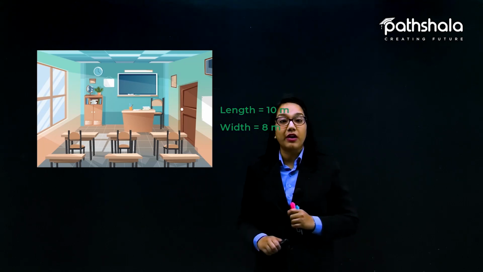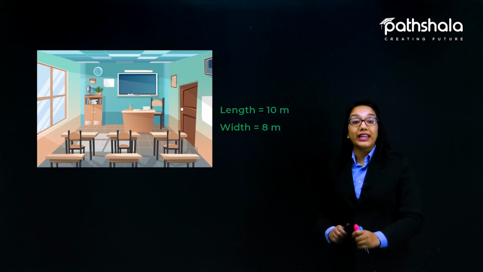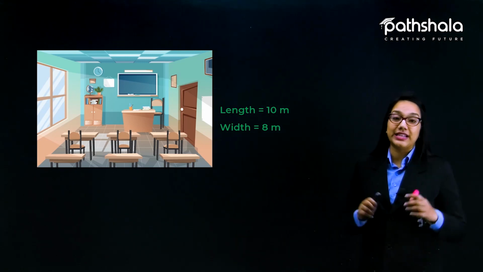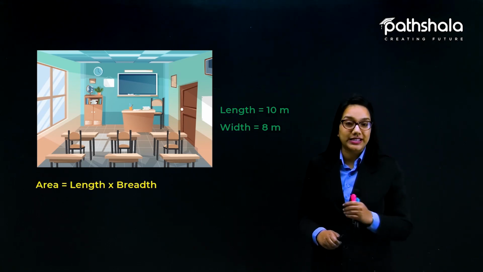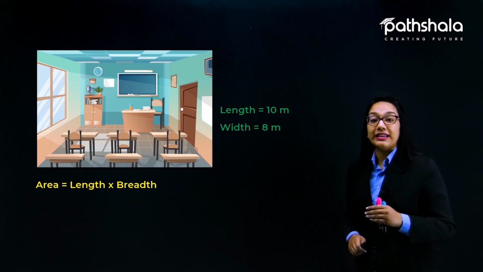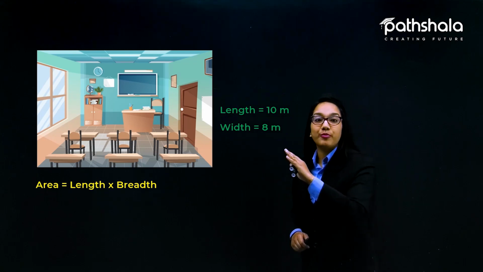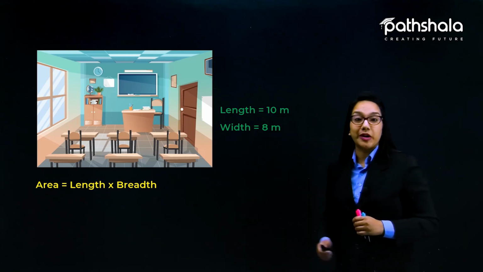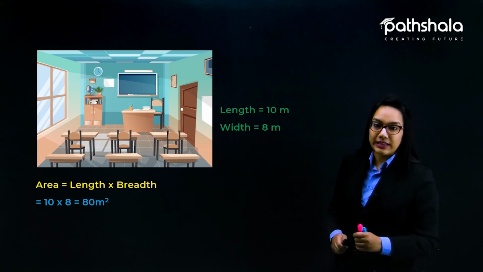So let's start finding the area of this rectangular floor. First of all, we know that the area of a rectangle is equal to length into breadth. Let's substitute the length as 10 meters and the breadth as 8 meters in this formula.